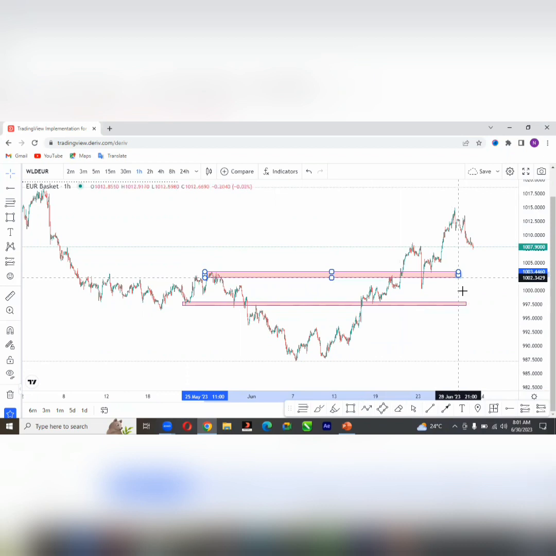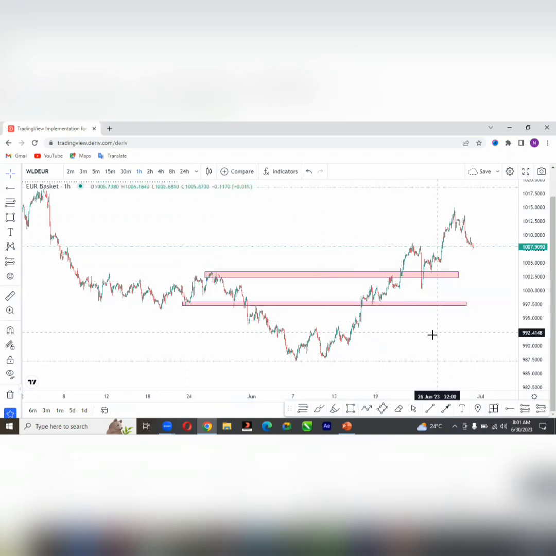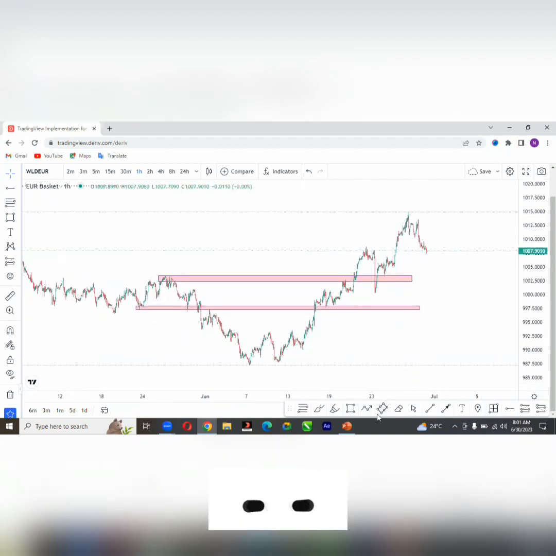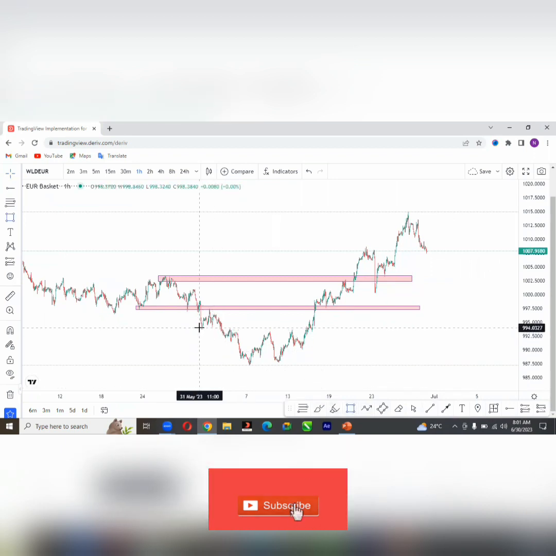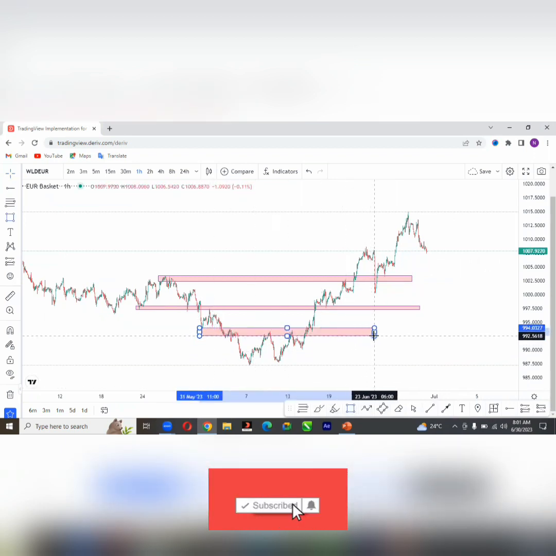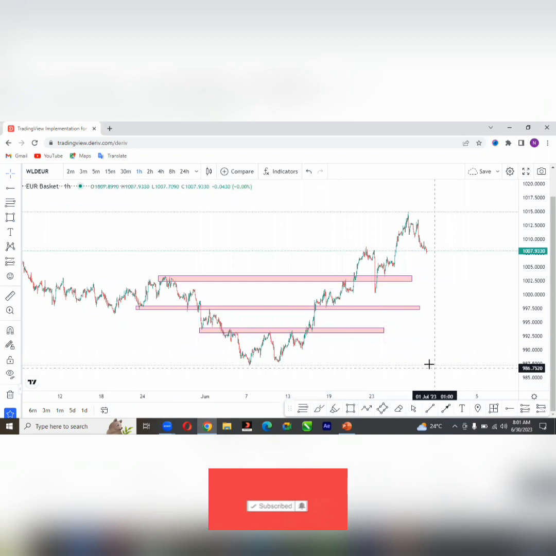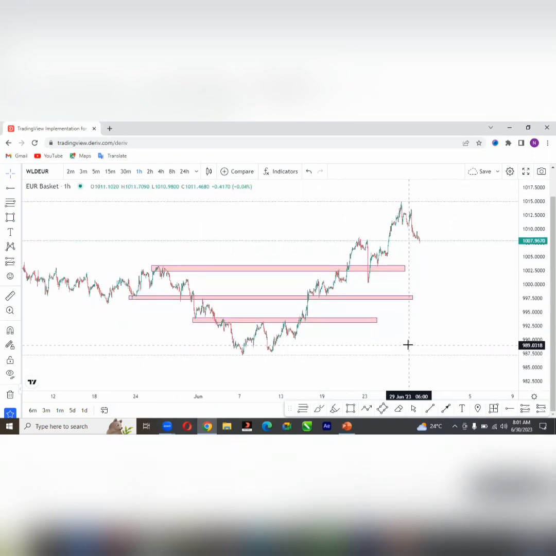Here's another peculiar example. These are what people call key levels or key zones. The ideology here is that once price has tested a particular zone more than twice, that zone is a reliable spot. You can see here that price tested this one, and then came back here, and then came here, broke, and then came back here, and then moved.